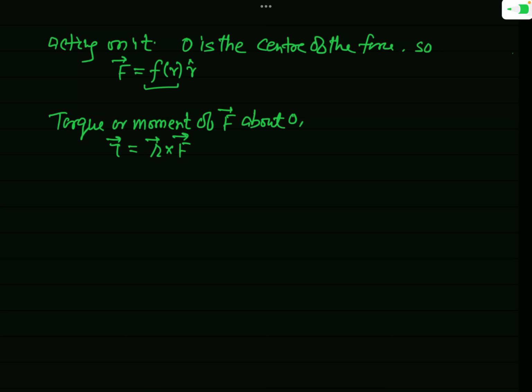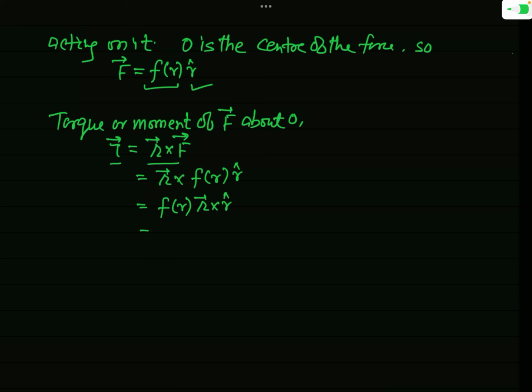Now, let us put the value of F. As you learnt in the previous lecture, this will be F of r times r hat. Since F of r is a scalar, you can write it as r cross r hat.